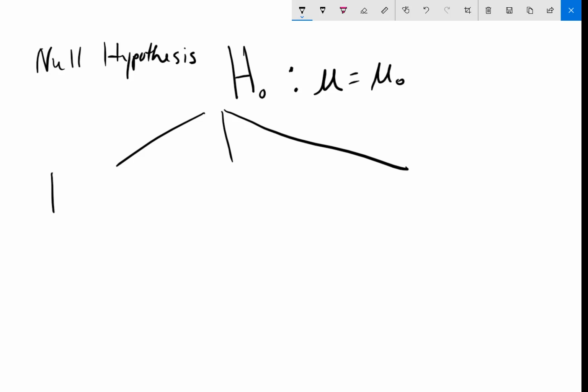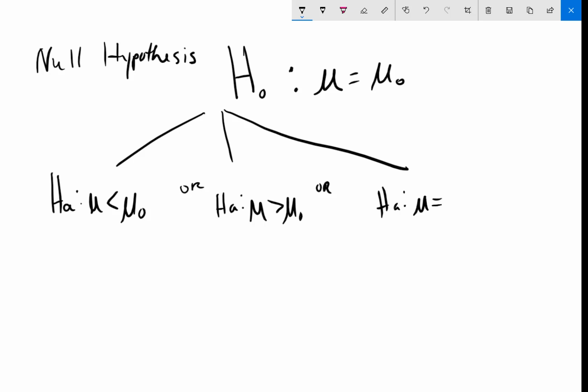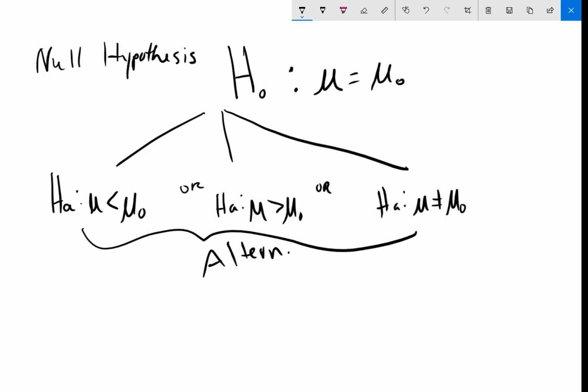I can either have an alternative that is, I think the mean has decreased from that value, or I could have the alternative of, I think the mean has increased from that value, or I don't know exactly what's happening with it. I just think the mean has changed. So these are the 3 different alternative hypotheses.